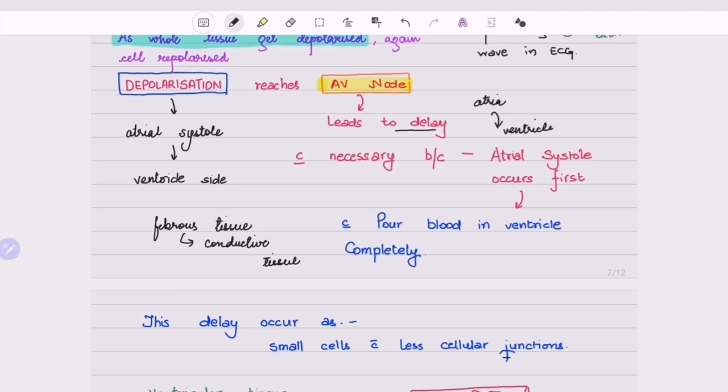Now, why does this delay occur in the AV node? It is because the AV node contains small cells with fewer cellular junctions, which provide a delay, and also due to the difference in action potential generation, as it is through calcium ions.